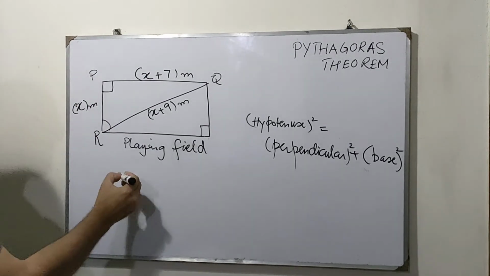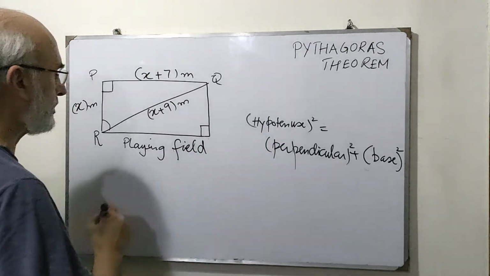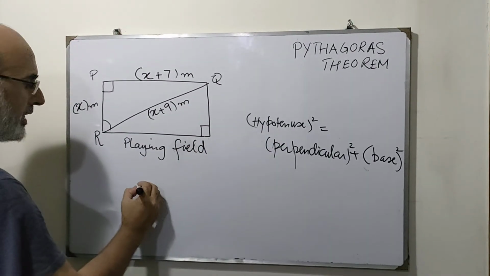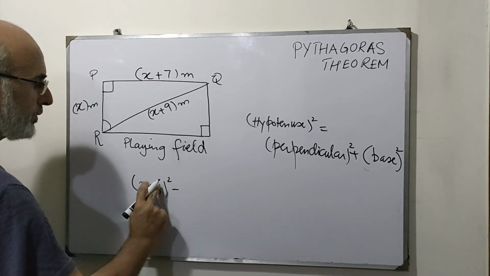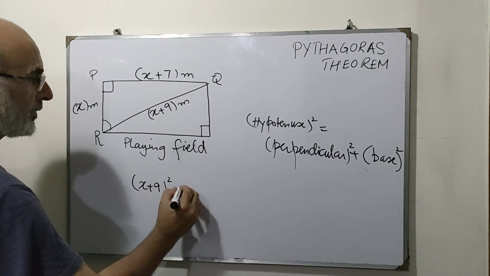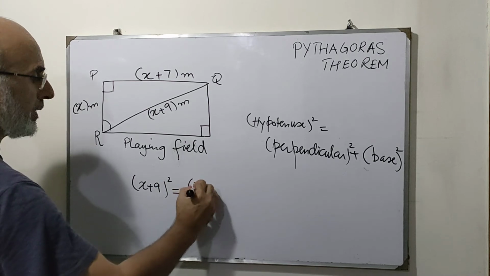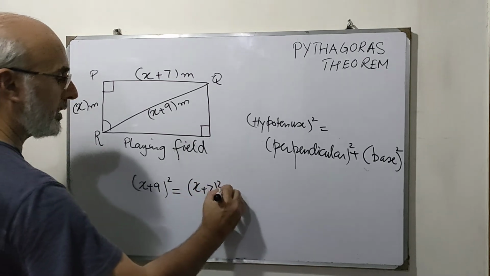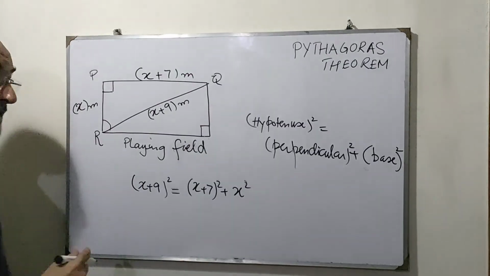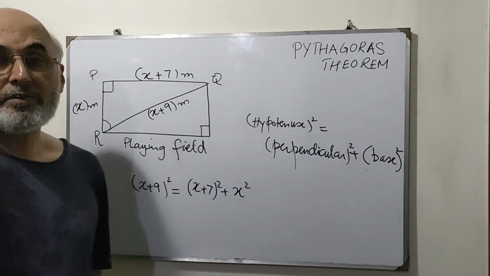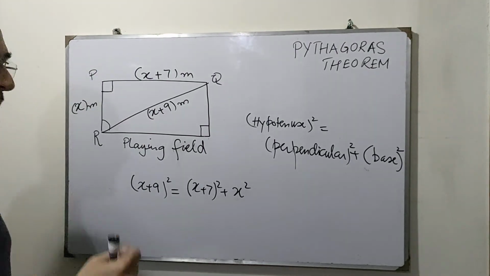Okay. So hypotenuse, which is x plus 9 square, is equal to x plus 7 square plus base, which is x square. Now remember, we have done identities, a plus b whole square.